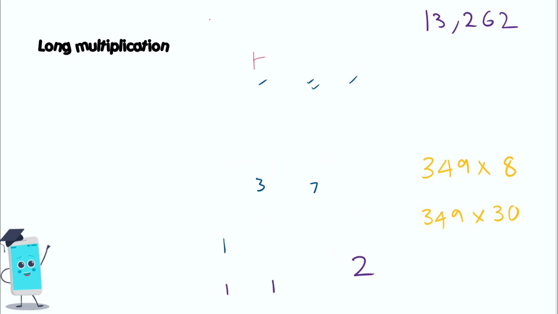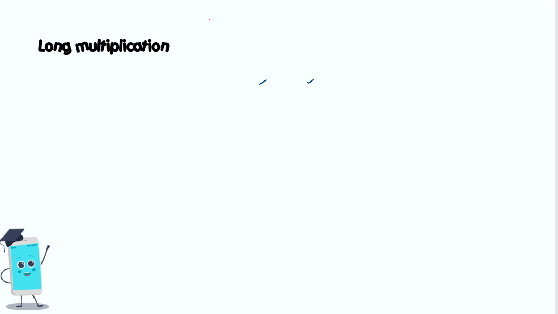So we'll do another 3-digit by 2-digit. Pause the video if you want to have a go yourself alongside with me. So I'm just going to write in my headings.